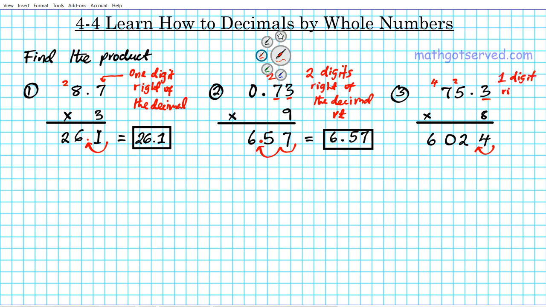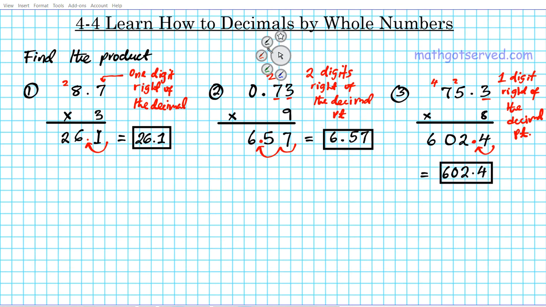So that's why we have to move the decimal point of the product 1 digit in the opposite direction. 602.4 is our answer. So let's write down the product: 602.4.